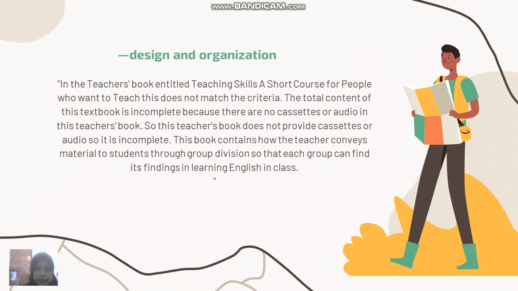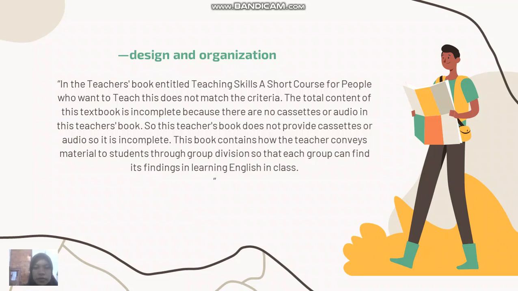The second criterion is design and organization. In the teacher's book about teaching English skills, the total content of this book is incomplete because there are no cassettes or audio in this teacher's book.